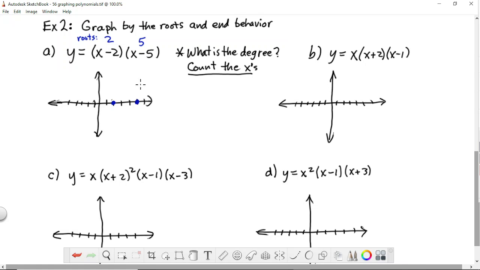Now, if we know the end behavior, we'll have it. But we don't have this in standard form. So to get end behavior, we want to look at that term that has the largest exponent, right? And we want to see, is it positive or negative, and is the exponent even or odd? So we don't have to multiply this out. We could. If we multiplied it out, we would have all the terms, and we would have that term as well. But we can take a shortcut and just think about that term with the largest exponent. We know we're going to have this x times this x at some point, and that's going to be x squared. That's going to be the term with the largest exponent, right?